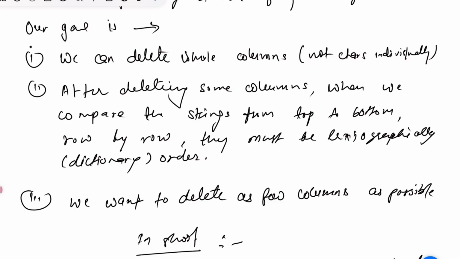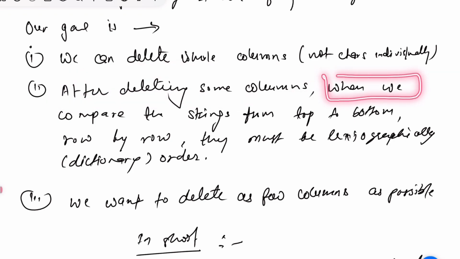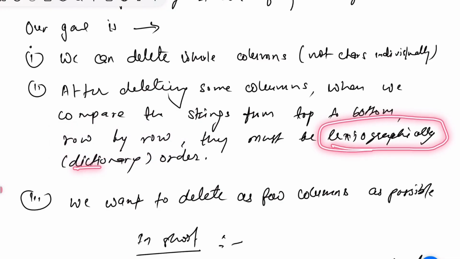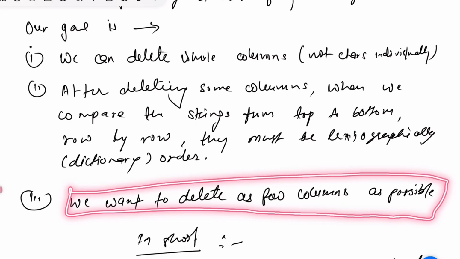After deleting some columns, when we compare the strings from top to bottom, row by row, they must be in lexicographic, dictionary order. We want to delete as few columns as possible.